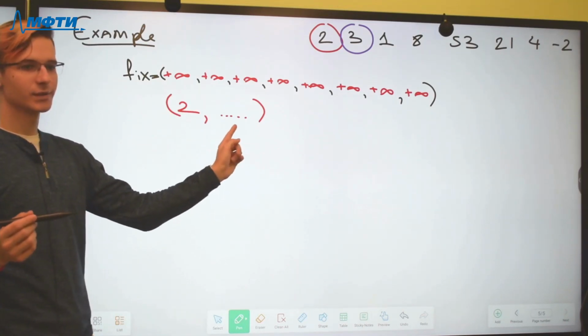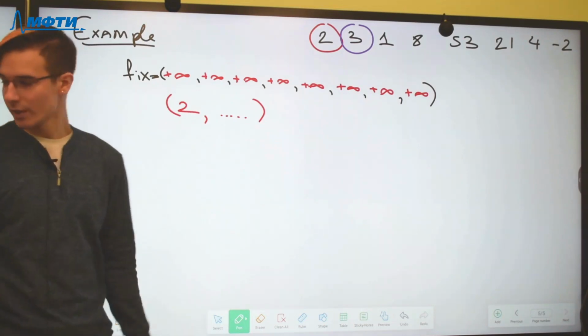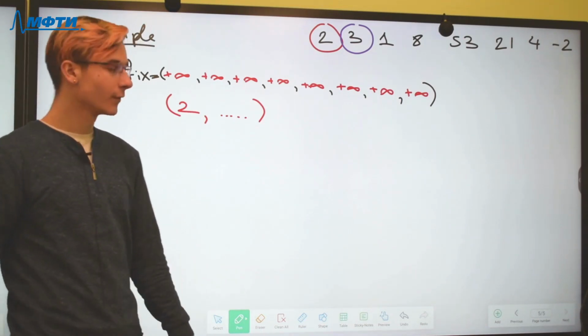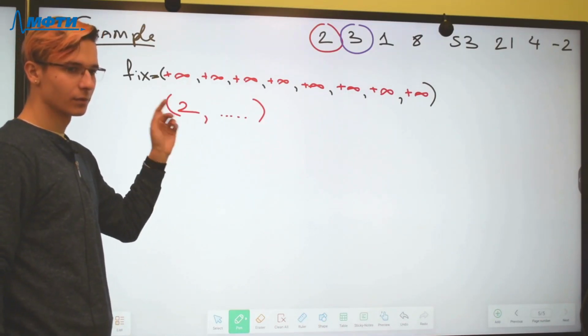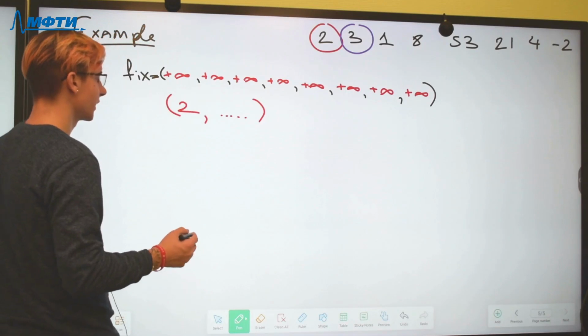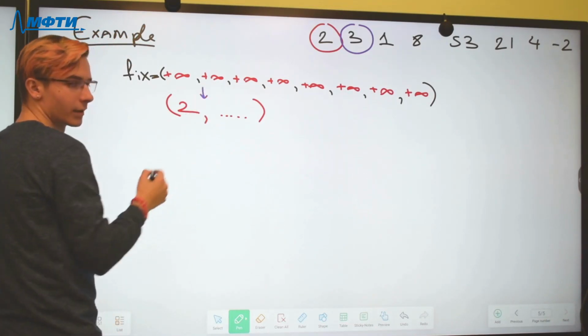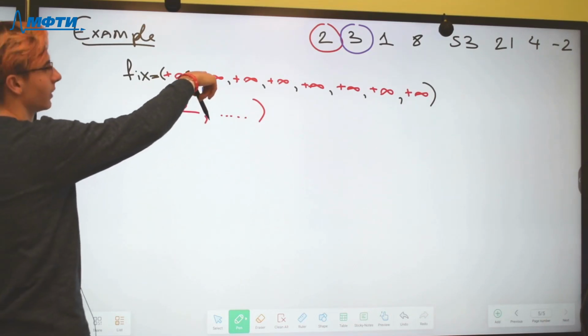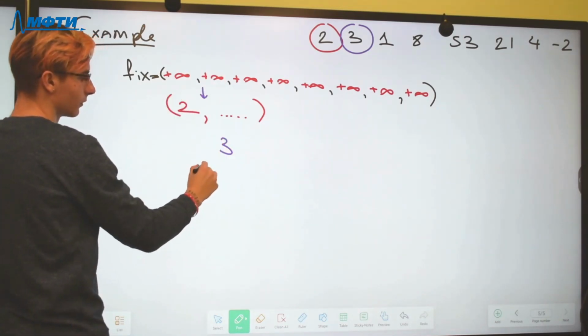Because it is a sorted array, we find the place by binary search. We spend log of n time on it, and we find that we need to insert here. So we change plus infinity to 3.